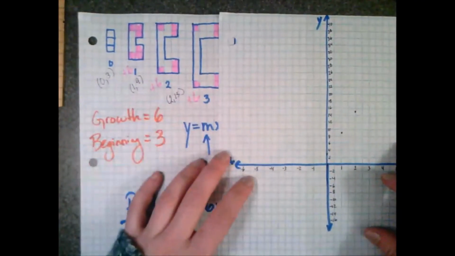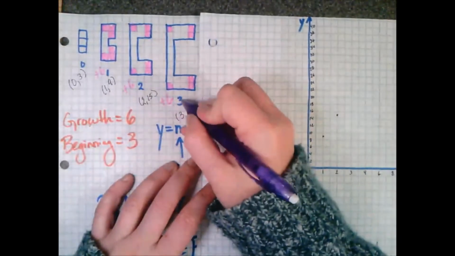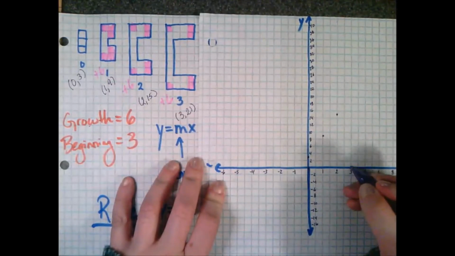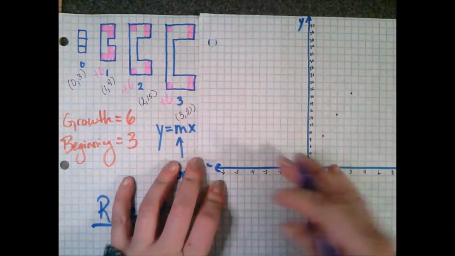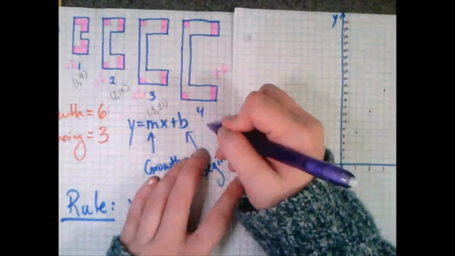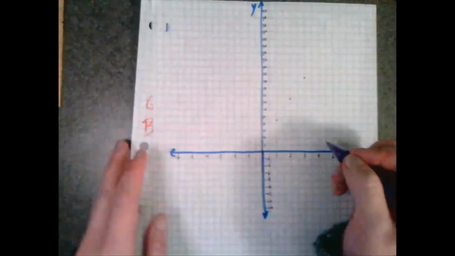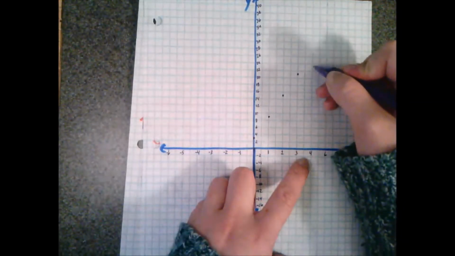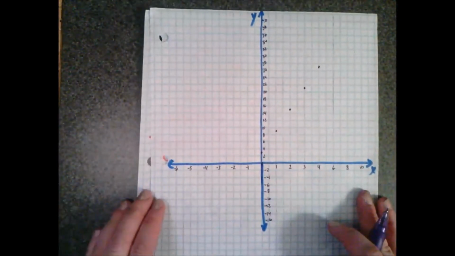And then 3, we're going to add 6 tiles again, which is going to put us at 21. So over to 3, and then up to 21, right in the middle. And then lastly, figure 4 is 4. If we add 6 tiles, it's 27. So go over to 4, and then all the way up to 27. Okay. So that is how you go from a pattern to a graph.